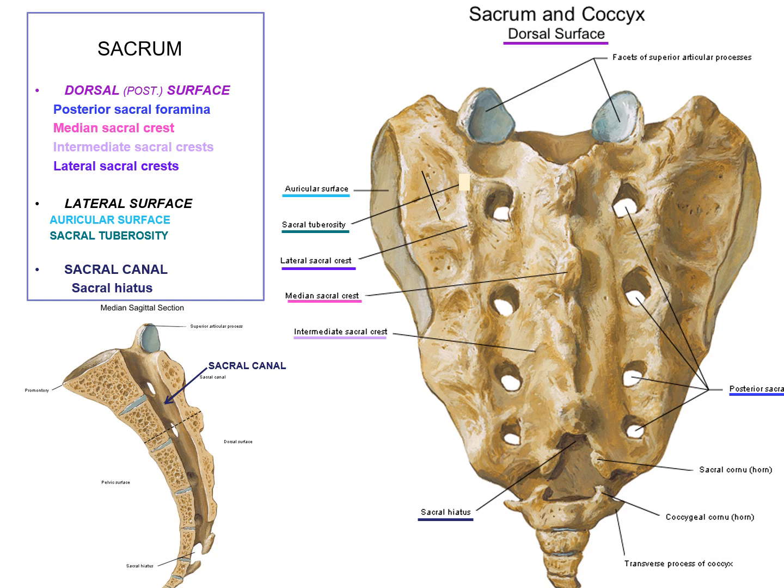Each of the lateral surfaces of the sacrum bears a large L-shaped facet named the auricular surface for articulation with the ilium of the pelvic or hip bone. Posterior to the facet is a larger area named the sacral tuberosity for the attachment of the ligaments that support the sacroiliac joint.